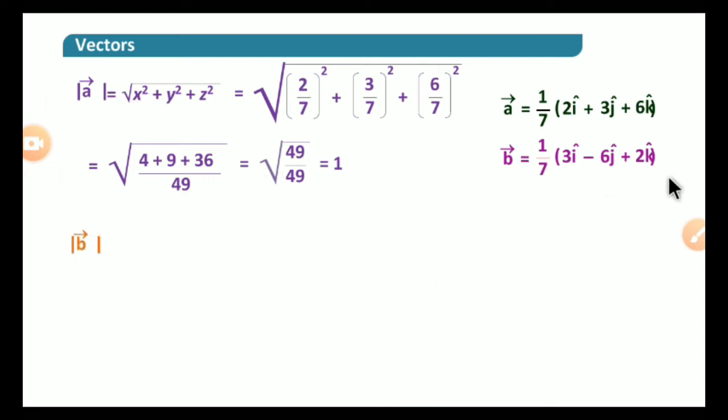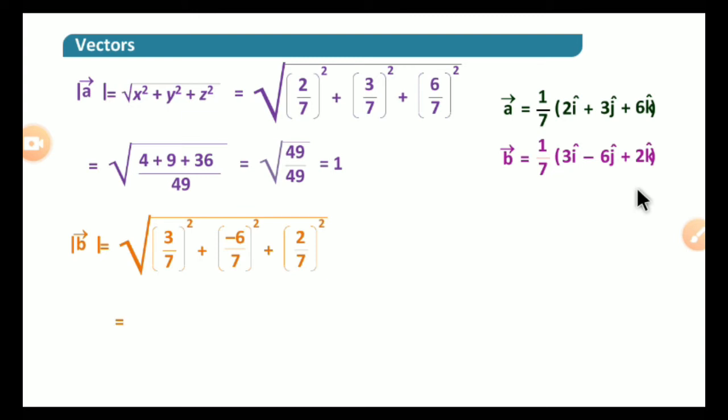Then again we can find the magnitude of vector B. Similarly, we can multiply 1 by 7 to all the terms, so these become 3 by 7, minus 6 by 7 and 2 by 7. Therefore, the magnitude is the square root of (3 by 7) whole squared plus (minus 6 by 7) whole squared plus (2 by 7) whole squared.